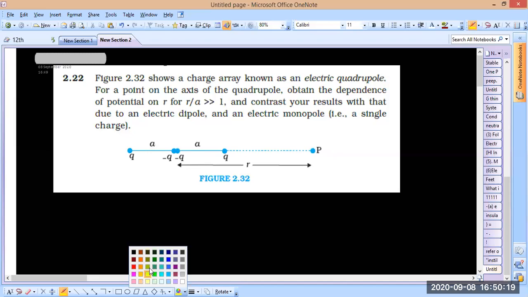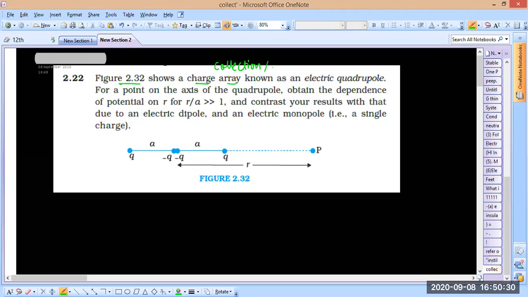Now here the question is, figure shows a charge array. Array means collection or system, known as electric quadrupole. Dipole also, so the quadrupole: 4 charges. For a point on the axis of the quadrupole, here's that point P on the axis.